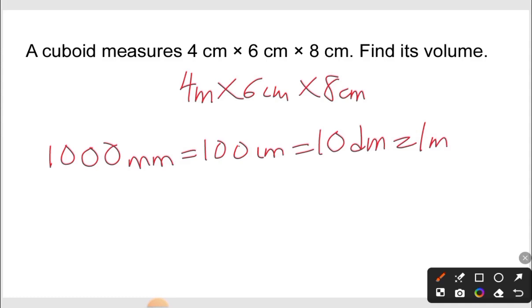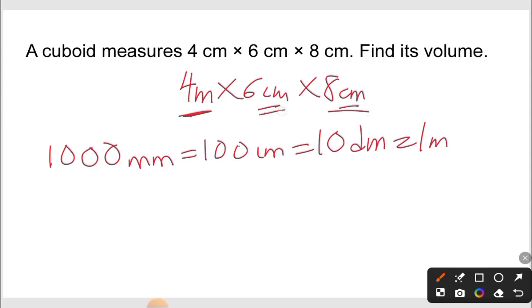Now with this, we are good to go to do any conversion in most science topics if it has to do with length. So for this question, it's either you convert all the units to meters and work with them, or convert all the units to centimeters and work with them.